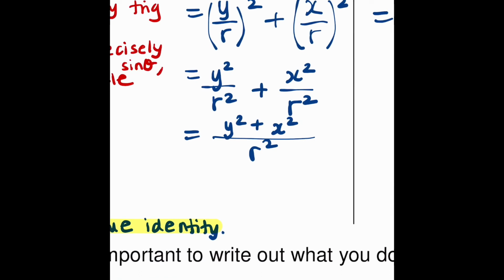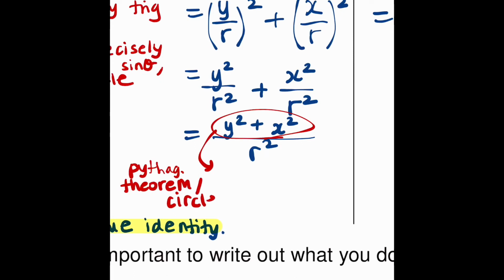Well, what do you remember about x squared plus y squared? According to the Pythagorean theorem and the one about circles, we have the equation x squared plus y squared is equal to r squared. And so I can write r squared divided by r squared, and any number divided by itself is equal to 1.